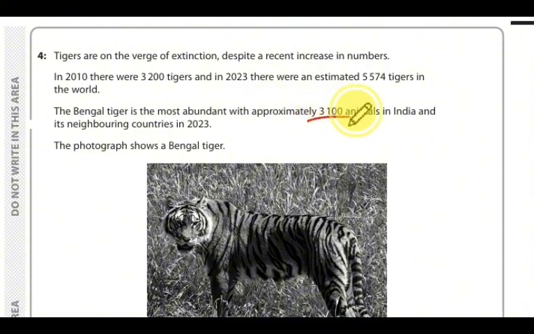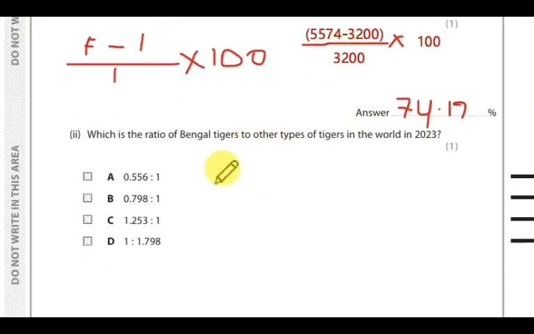So the number of Bengal tigers is 3,100, but the total number of tigers is 5,574. So we need to calculate the ratio of the Bengal tigers to the rest of the tigers all over the world. For that, we can calculate it like 3,100.